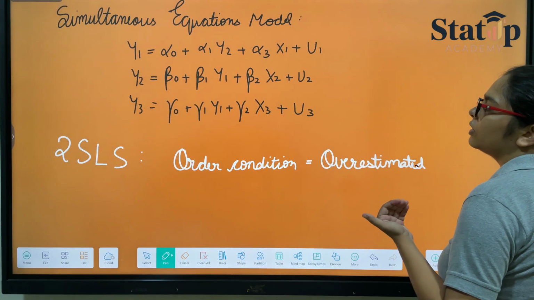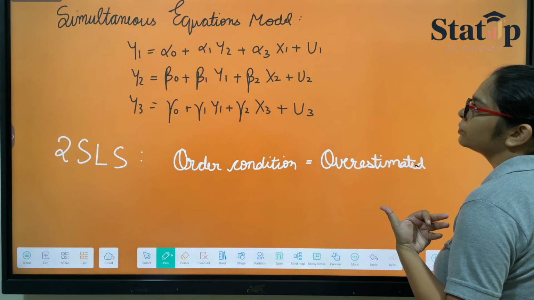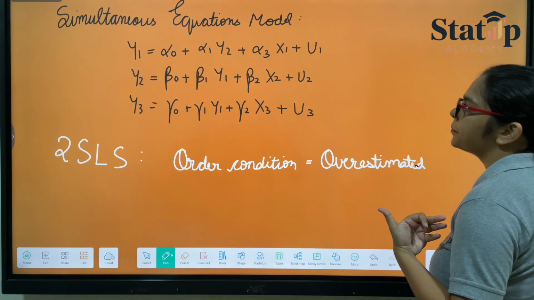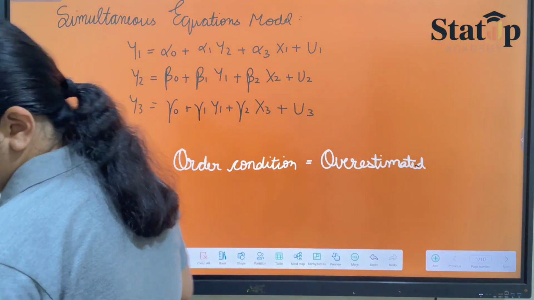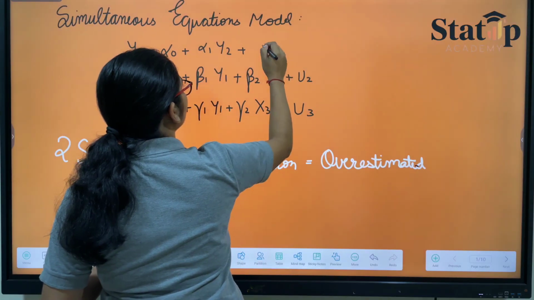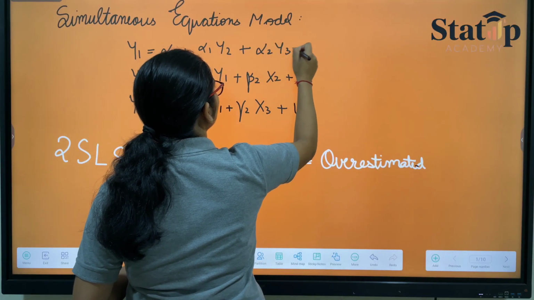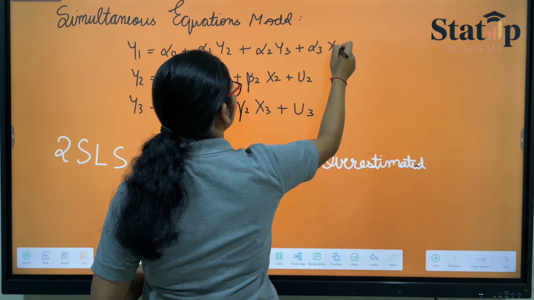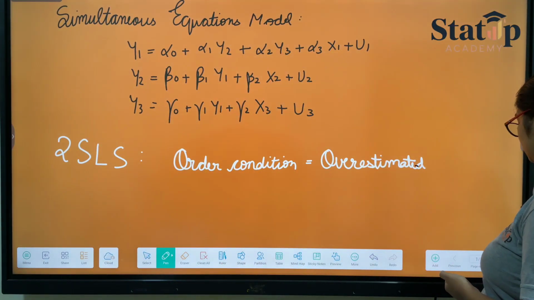Alpha naught, alpha 1, alpha 3, beta naught, beta 1, beta 2. This one was the model.